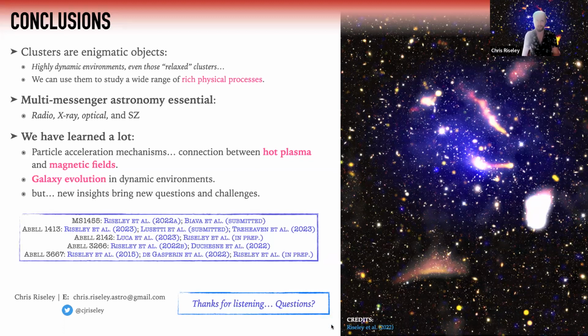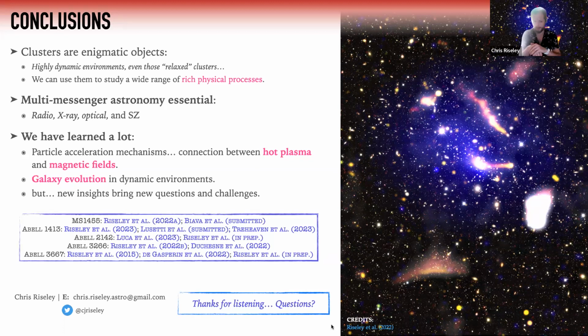Now, the LBA is very good. The LBA data can be made very good. It's challenging because of these low frequencies, a combination of instrumental and physical effects add up to make LBA data challenging to work with. Particularly in a lot of these clusters, we're talking clusters that are at very low elevation for LOFAR.